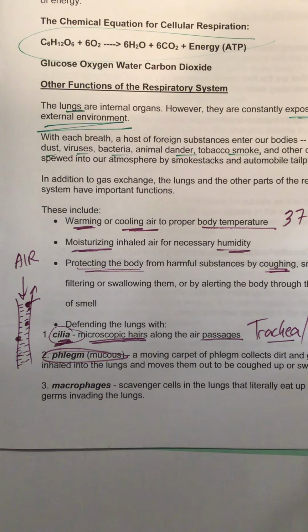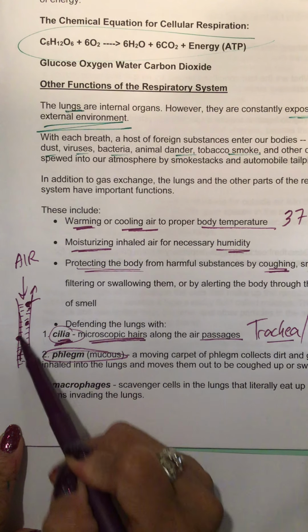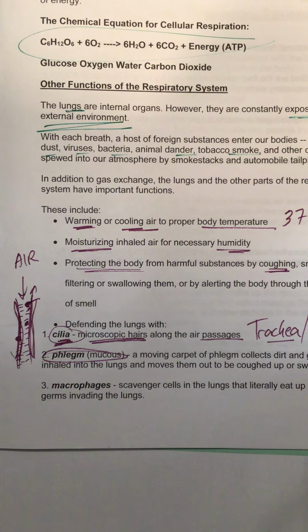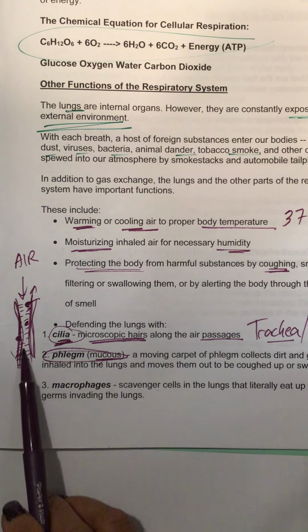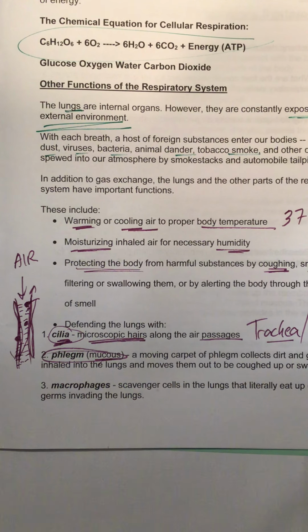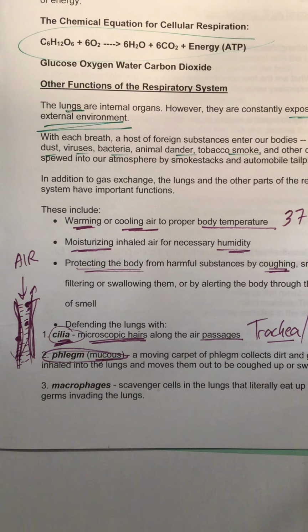Phlegm or mucus is another defense mechanism that we have in our respiratory system. It's similar to the mucus lining in the digestive system, the stomach, to protect the stomach from the hydrochloric acid. Well, the mucus lining basically will collect the dirt and the germs before they enter the lungs, and then you cough it out.